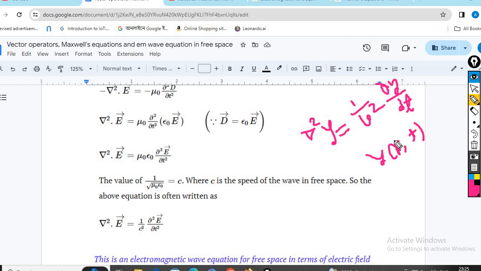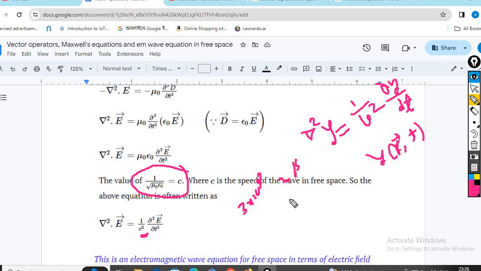It may be r in 3 dimensions. So when you have this, one can easily calculate the velocity. This is the expression of velocity in free space. And when you calculate this, it comes to 3 into 10 to the power 8 meters per second.